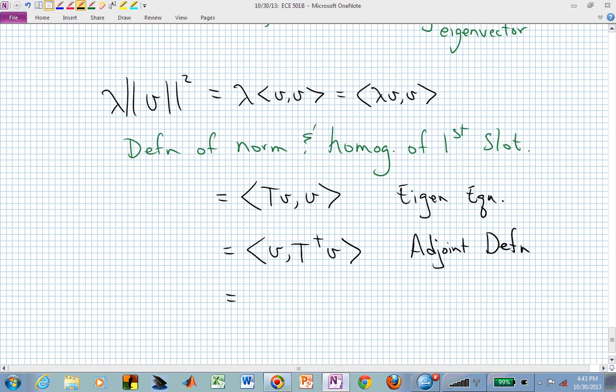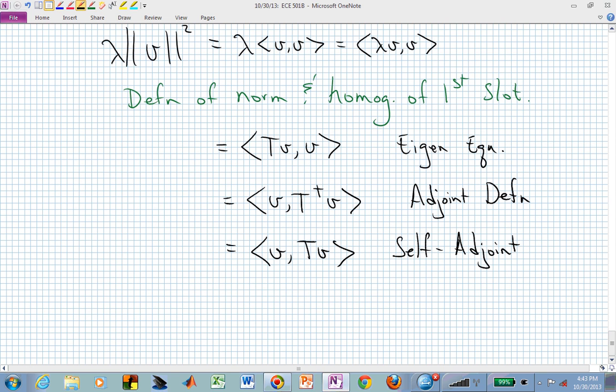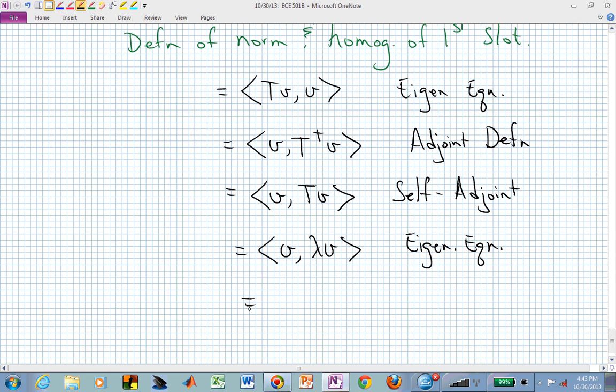But knowing that this is self-adjoint, we can write that. Bless you. And now what do we do? Well, we just use Tv again. We know that that's equal to v, lambda v. But what happens when we pull that lambda out of the second slot of the inner product?